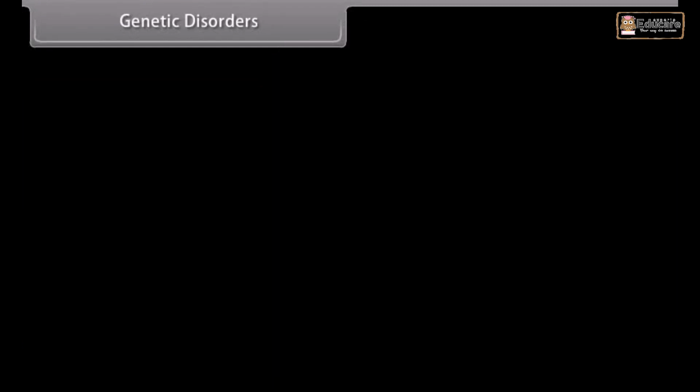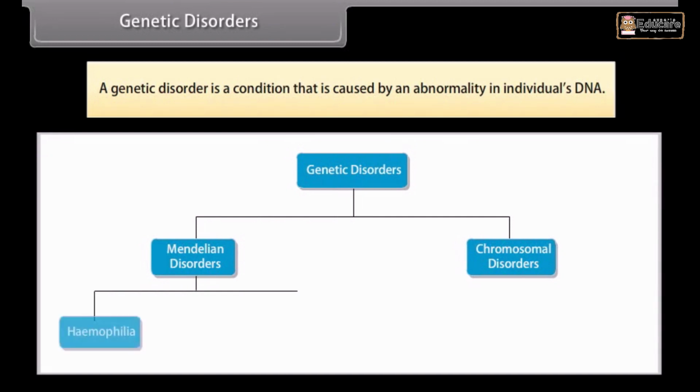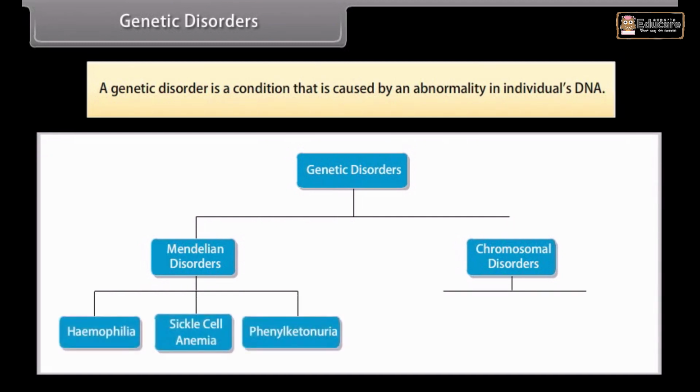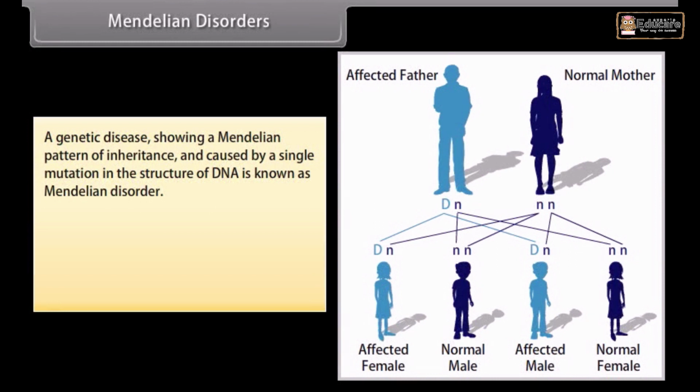Genetic disorders. A genetic disorder is a condition that is caused by an abnormality in an individual's DNA. Mendelian disorders. A genetic disease showing a Mendelian pattern of inheritance and caused by a single mutation in the structure of DNA is known as Mendelian disorder.